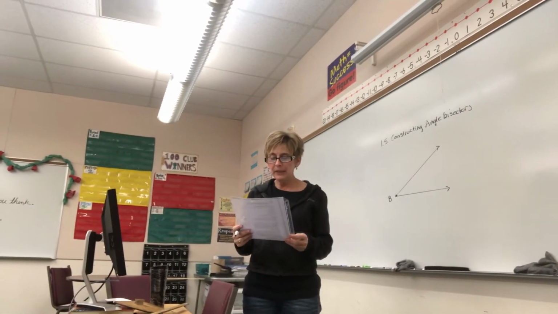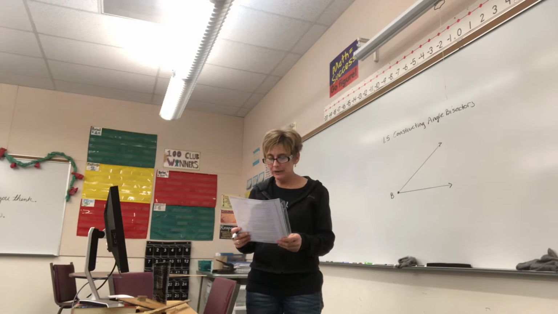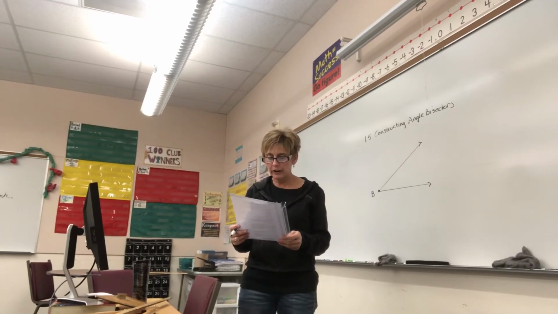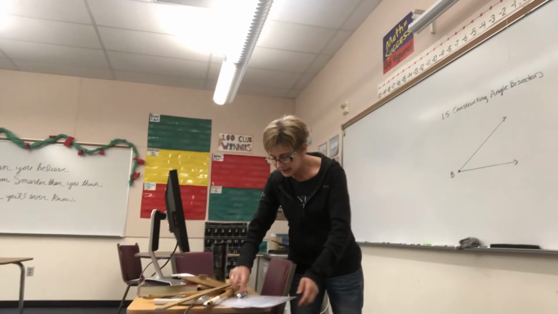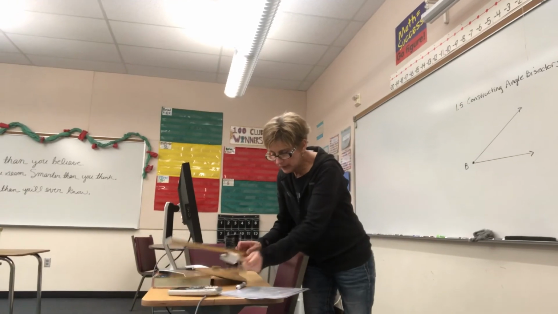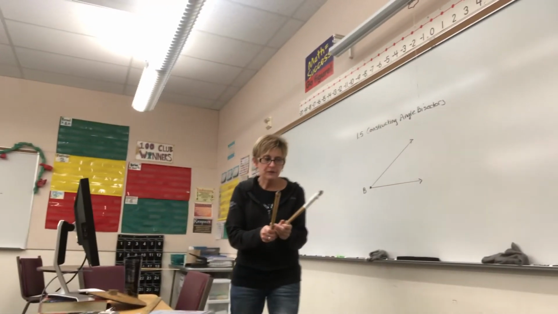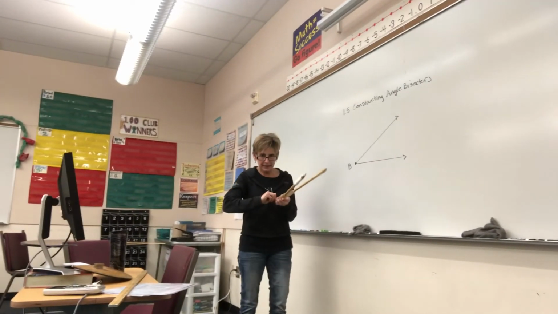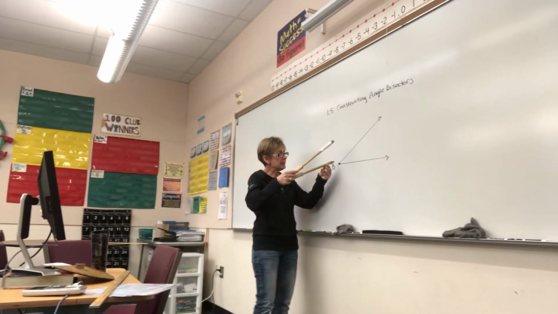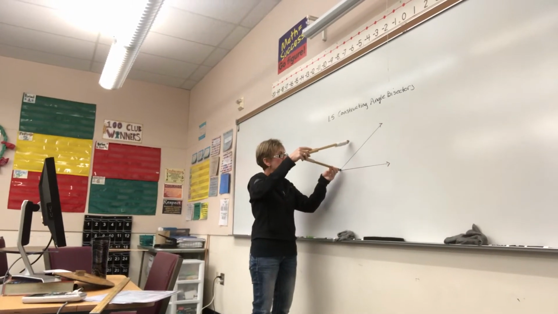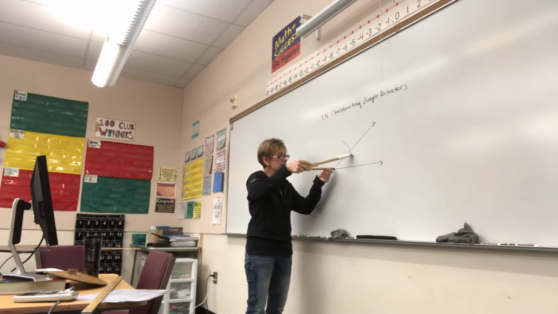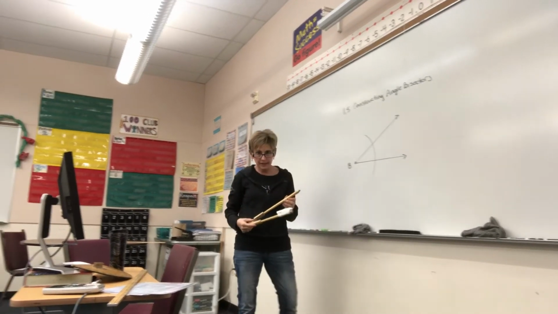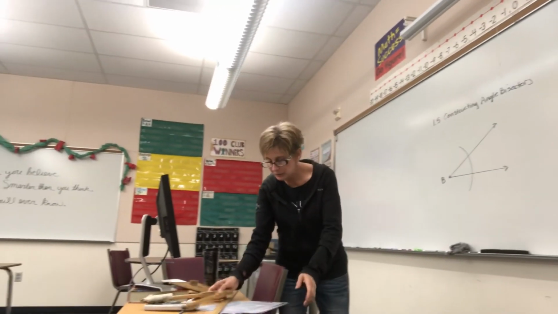Then go ahead and place your compass at the vertex and draw a large arc that intersects both sides of the angle. When you do this, please make sure that you have tightened your compass so that you can keep that setting. So I'm going to put my tip on B, and draw a large arc that intersects both sides of the angle. Zoom in as you need to.